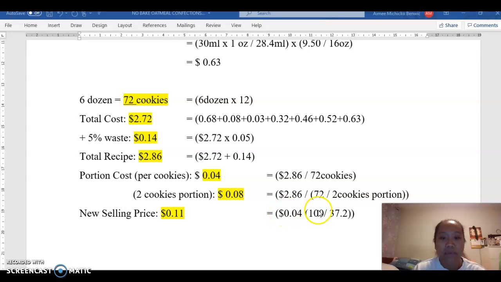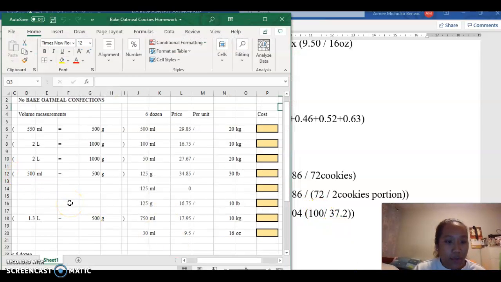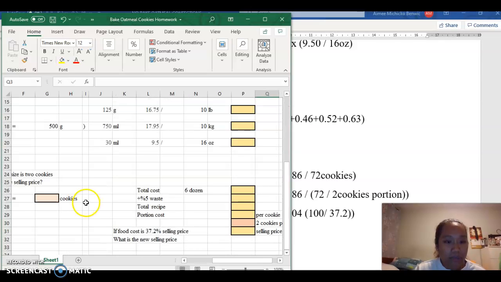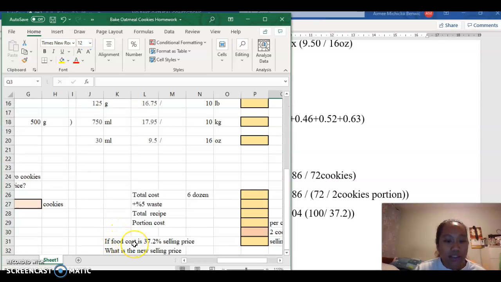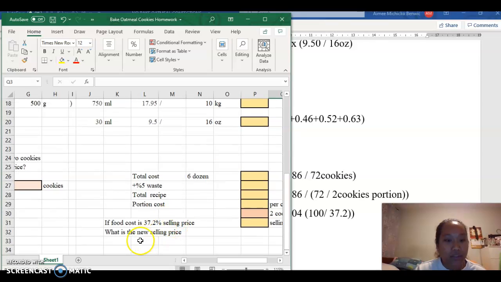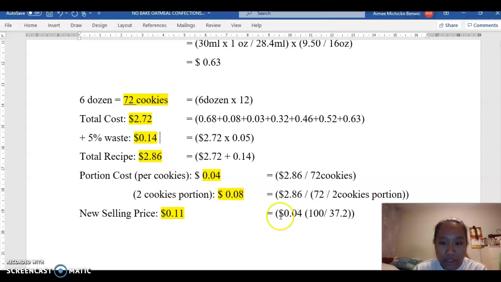Where do we get the 37.2? It's in the question, it's given: if food cost is 37.2% of the selling price, what is the new selling price? So we get it from there, and that gives us 11 cents new selling price.